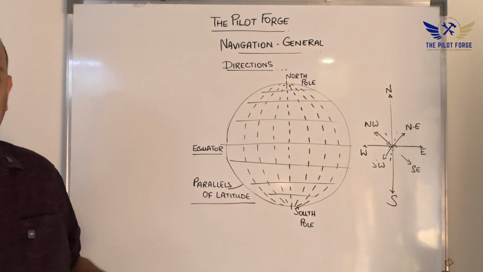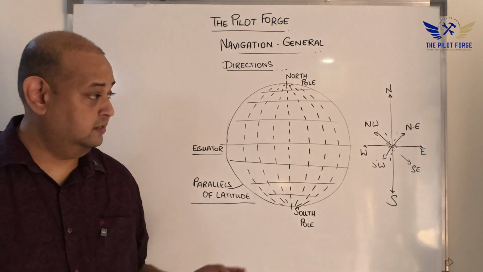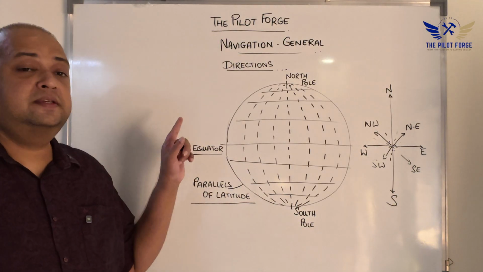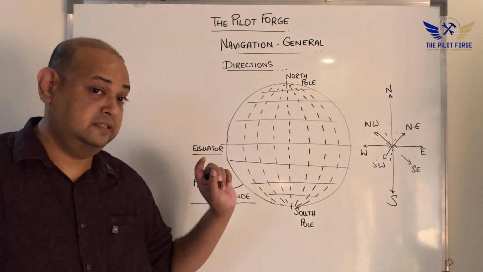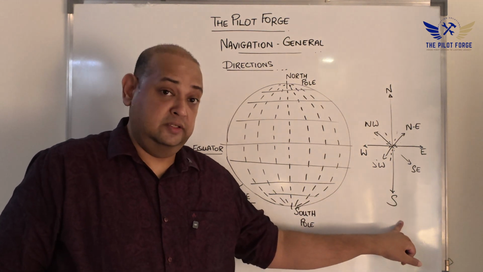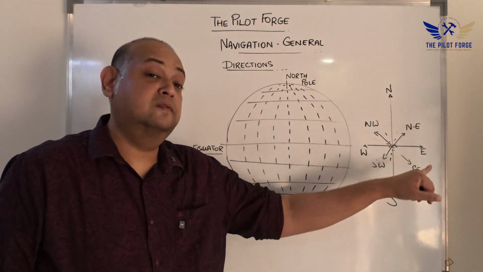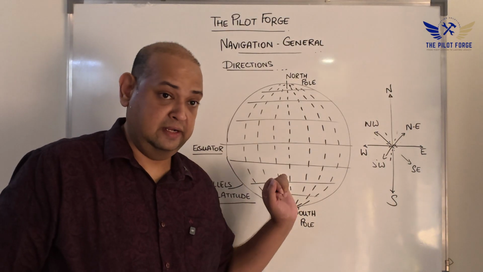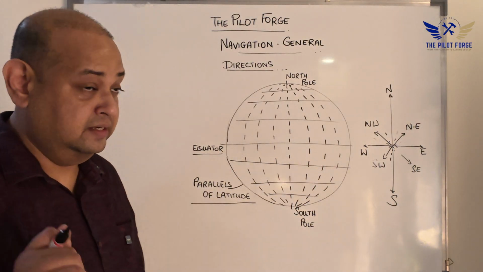All of these parallels of latitude are parallel to the equator, and at any of the intersections of the meridians and the parallels of latitude, you can resolve the direction in any of these 8, 12, or 16 directions.